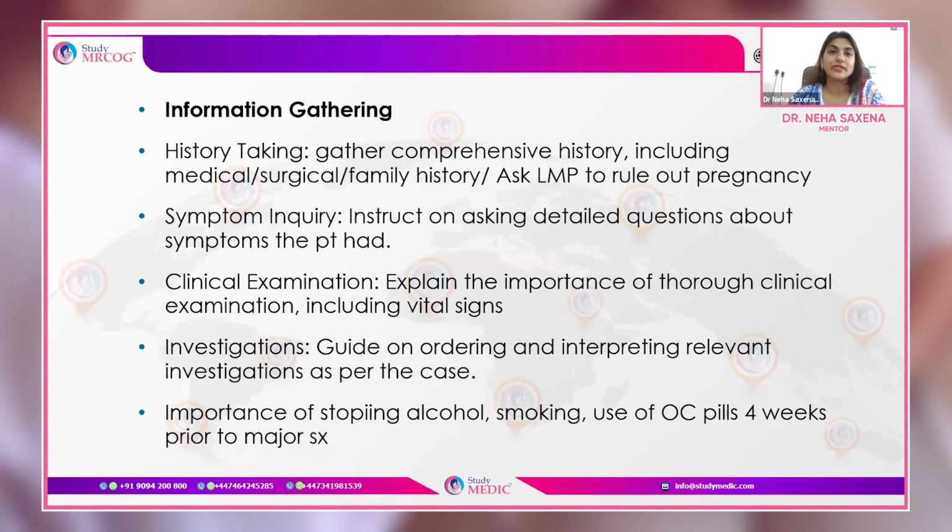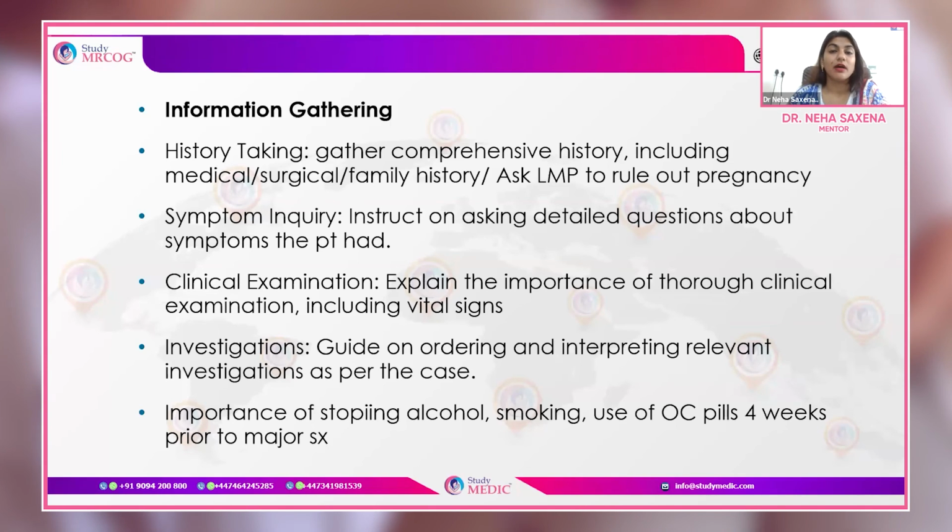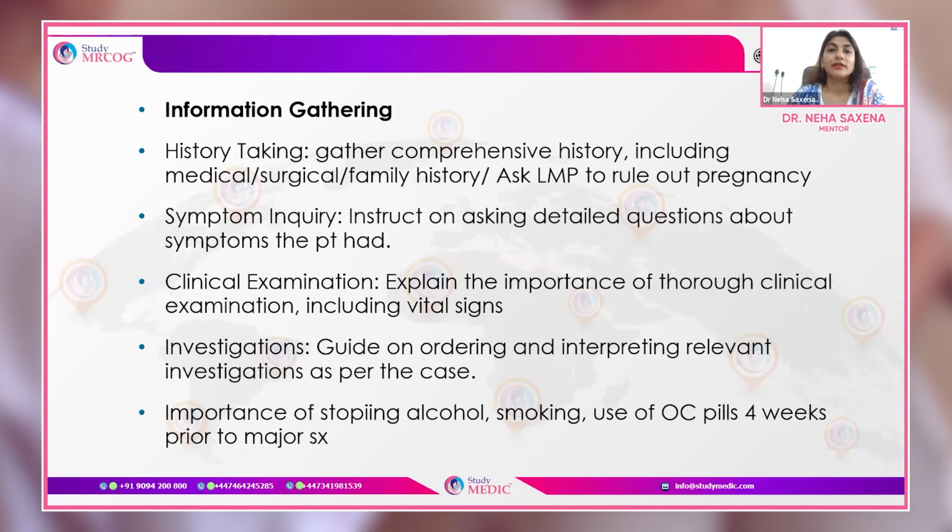Because what happens is that we take a consent at one time and the procedure is scheduled for another time, so in that situation we might miss the pregnancy as well. So it is very important to see whether pregnancy has been ruled out.